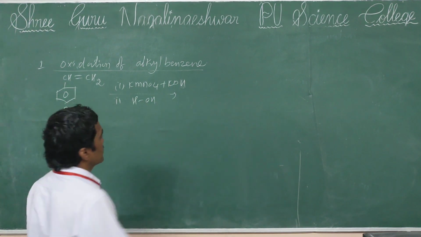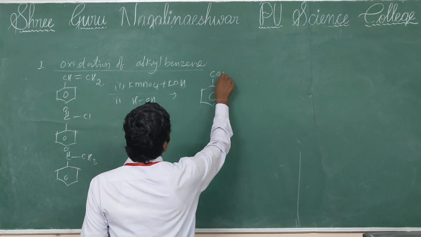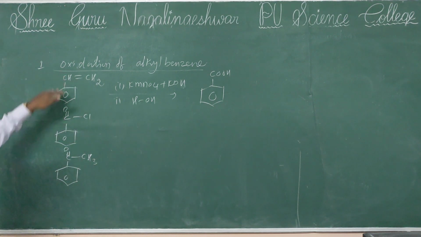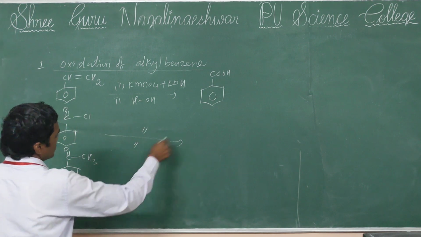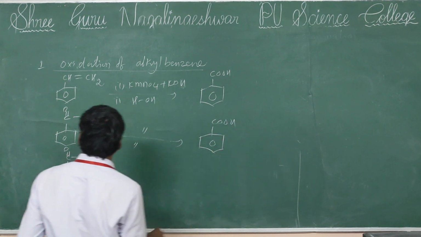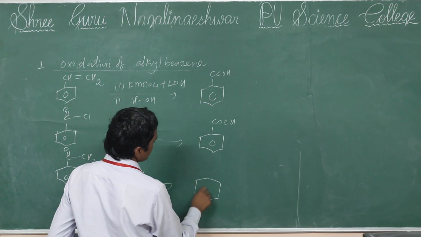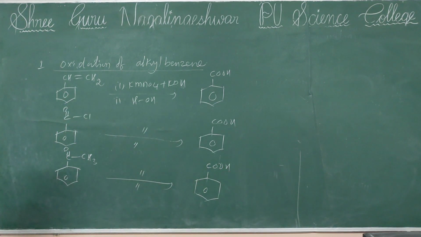So the direct answer is benzoic acid. Don't think about which reactant is coming with this reagent; the answer is benzoic acid. Here also the same, benzoic acid. You don't get any confusion here.